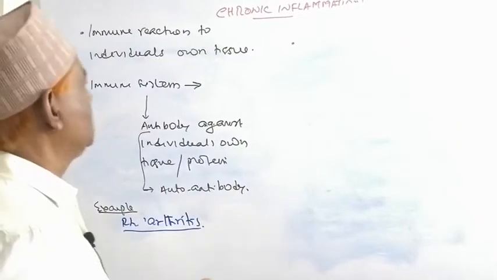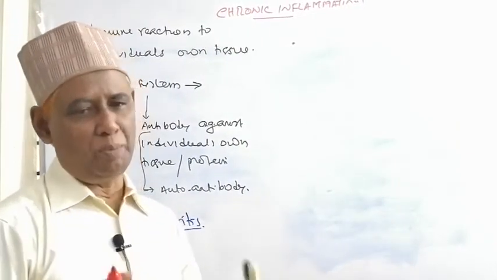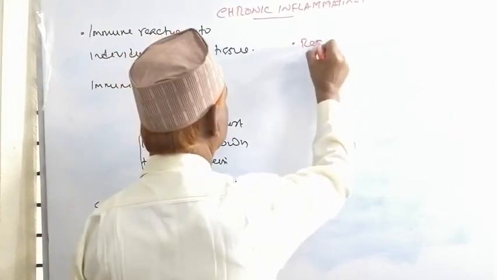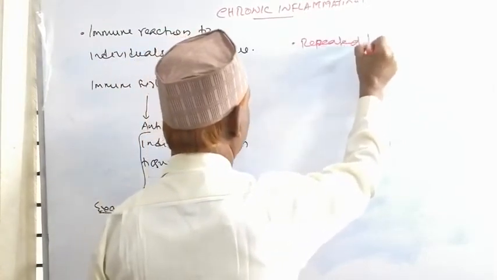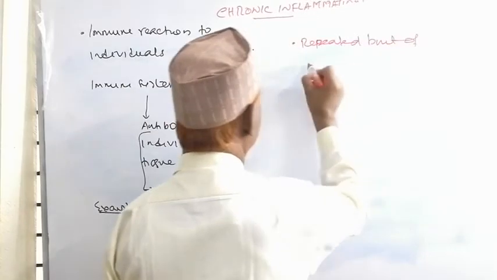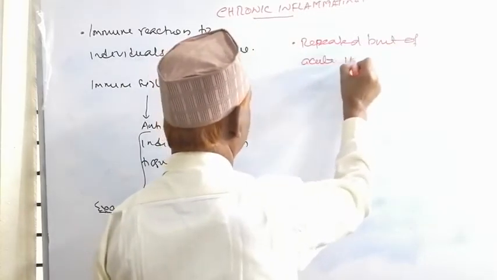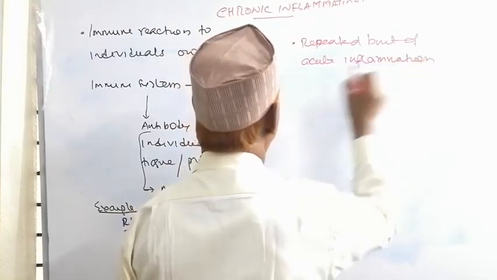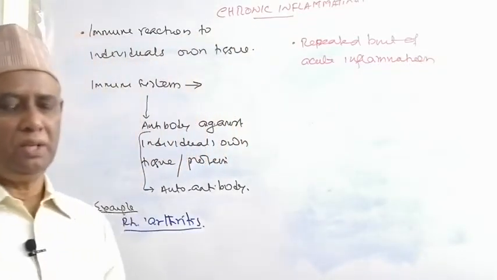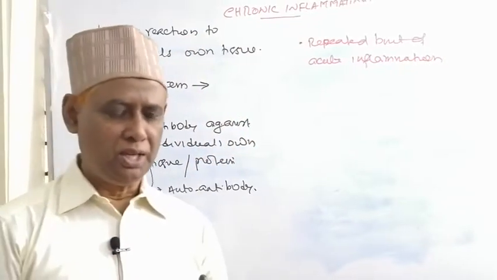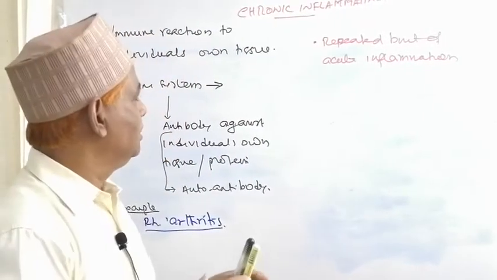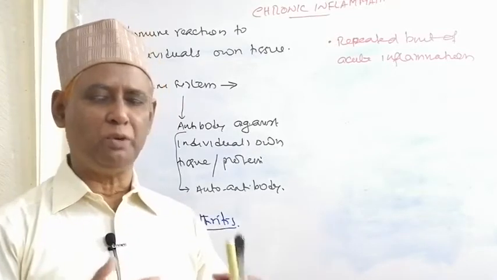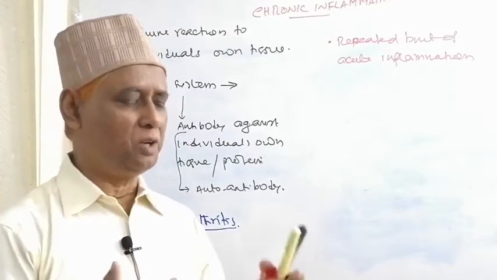Another cause is repeated bout of acute inflammation. If anybody is exposed to acute inflammation and the patient recovers, again in the same tissue, if there is acute inflammation, the patient again recovers.